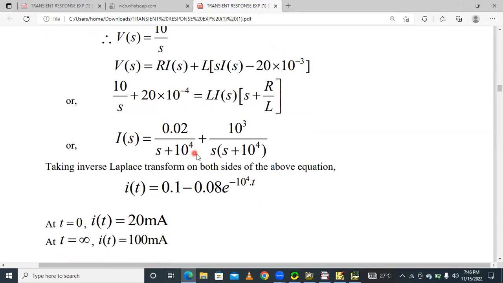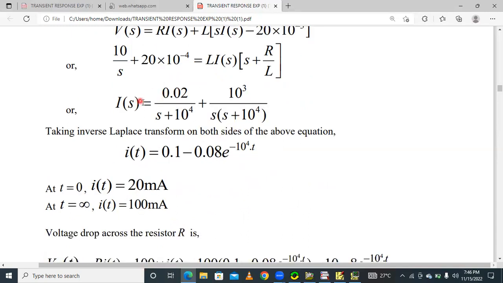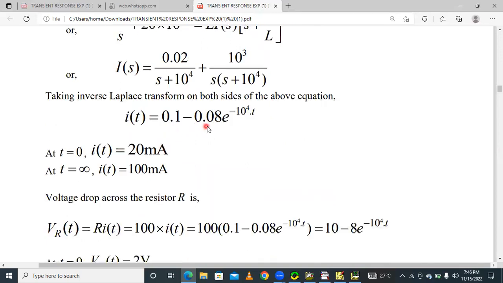Then you will get I of s is equal to 0.022 by s plus 10 to the power 4, plus 10 cube by s into s plus 10 to the power 4. So apply inverse Laplace transform on this equation. Then you will get I of t is equal to 0.1 minus 0.08 into e to the power minus 10 to the power 4 into t.